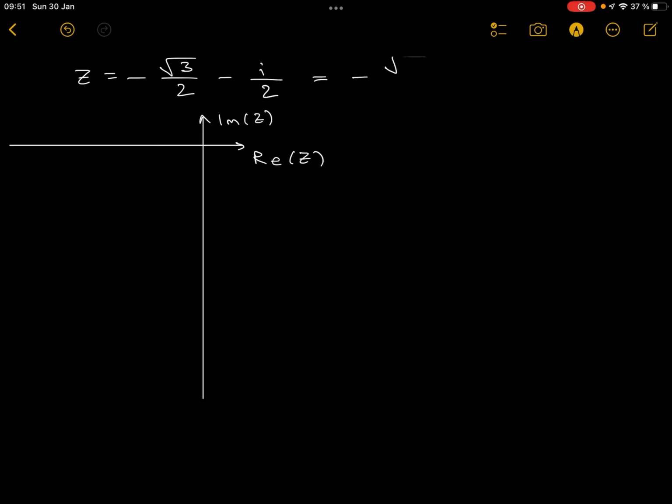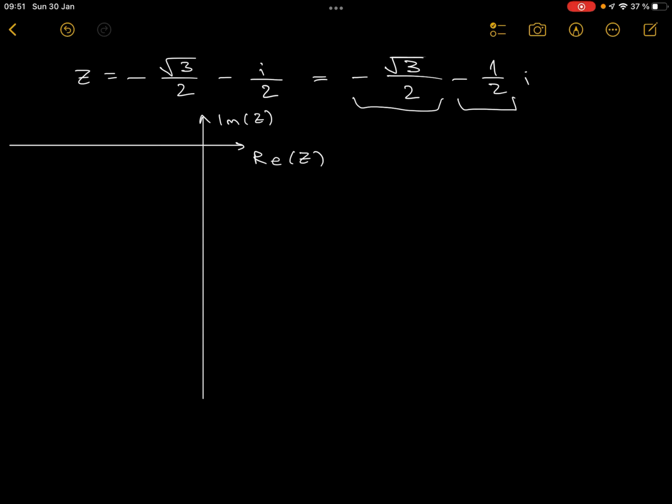And of course we can rewrite this as the negative square root of 3 over 2 minus 1 over 2 times i. So this of course is our real part of the complex number, and this here is of course our imaginary part of the complex number.